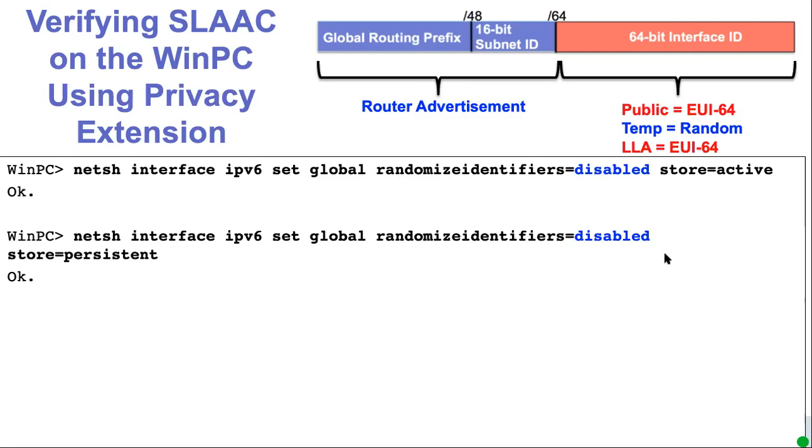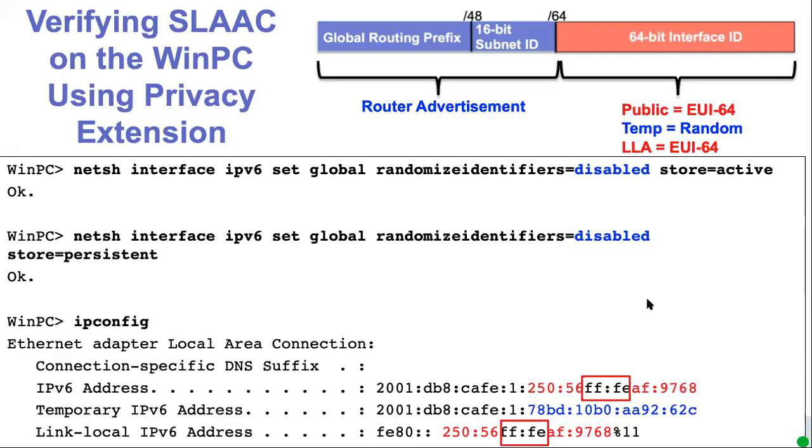What that will mean is that your global unicast address and your link-local address will use EUI-64. Now, there's also a temporary IPv6 address. I'll get to that in just a moment; we're going to have another video primarily on that. But here we can see our IPv6 address and our link-local address are both using EUI-64 based on the MAC address.